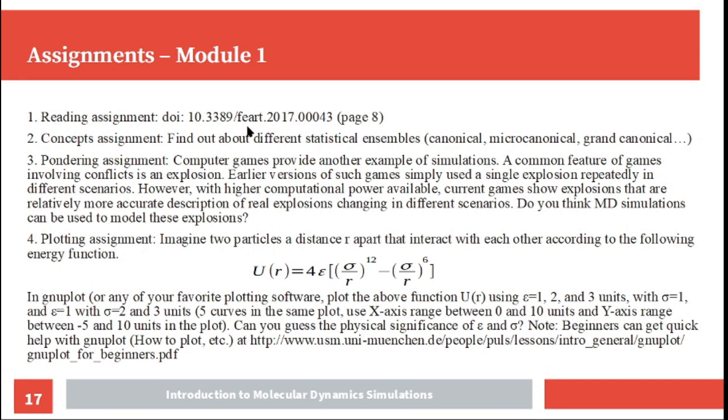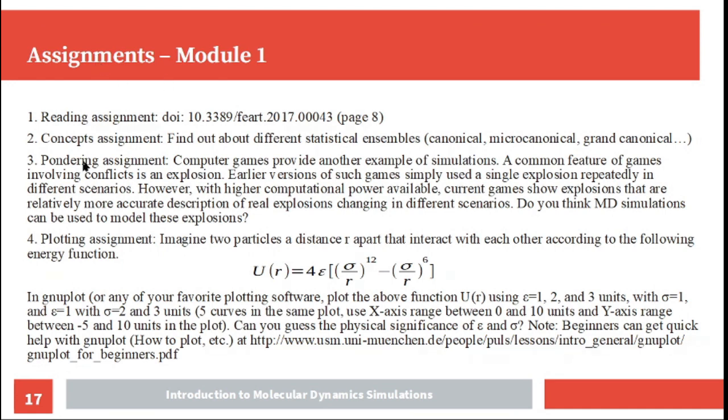You can try to find this paper. This is an open access paper and you just need to read page number 8 of this paper. No need to read the whole paper. You need to find out about different statistical ensembles: canonical, microcanonical, grand canonical, and then pondering assignment.